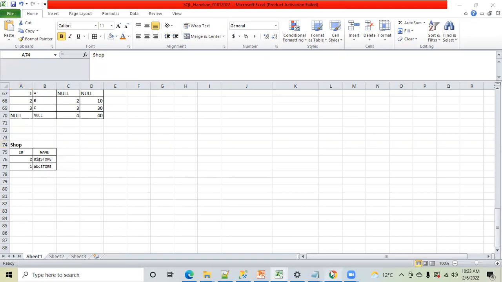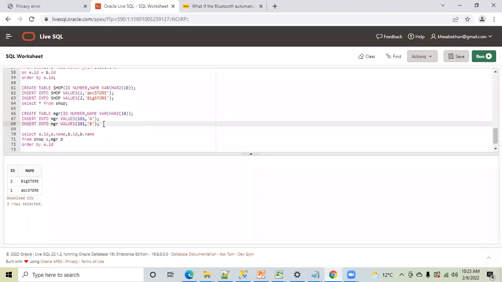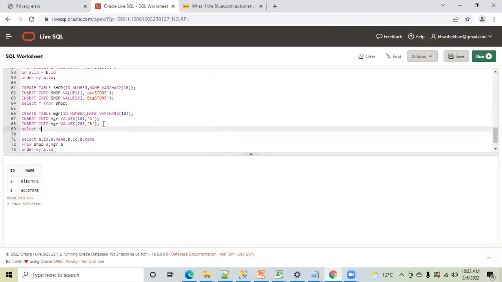And it is joining both the same IDs and name, if data is present or not. Correct. Okay, very good. Good approach. Very good, Imran. Let me explain this to you.